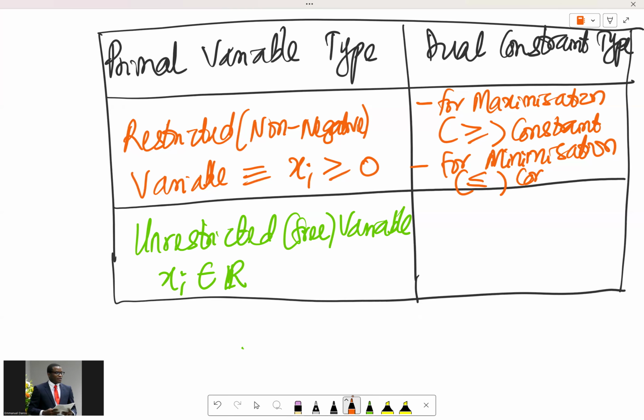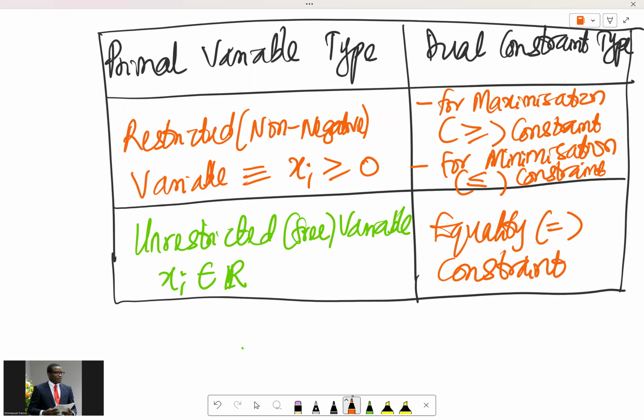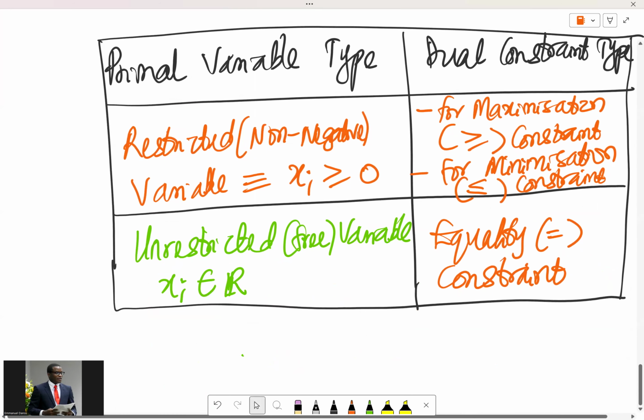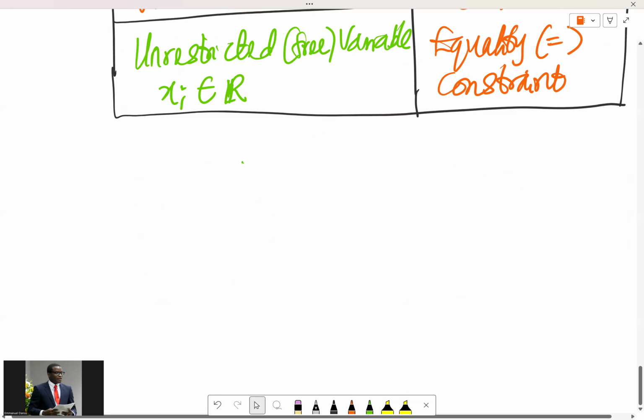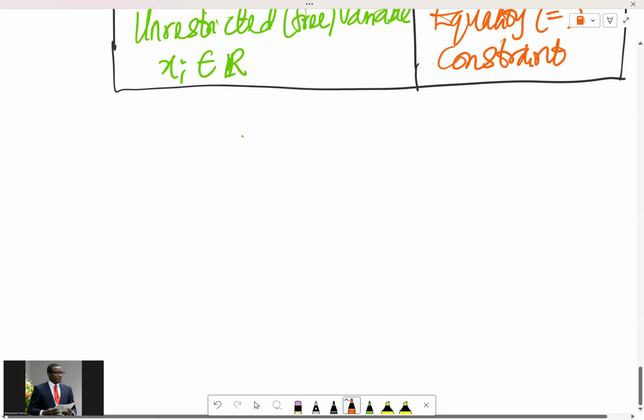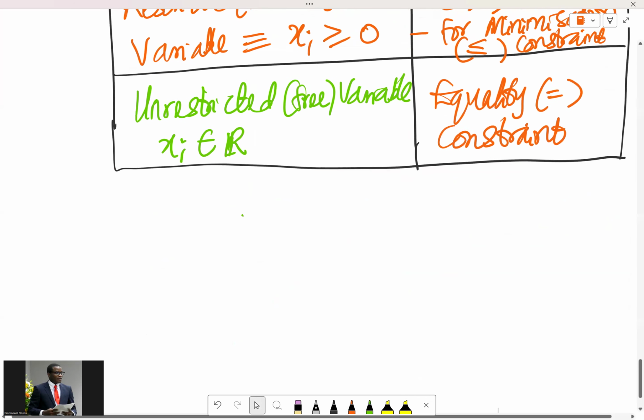So in this case, if you have an unrestricted free variable, then you are going to have an equality constraint. By way of summary in a table, that's what we get. Then we can have another table for variables.